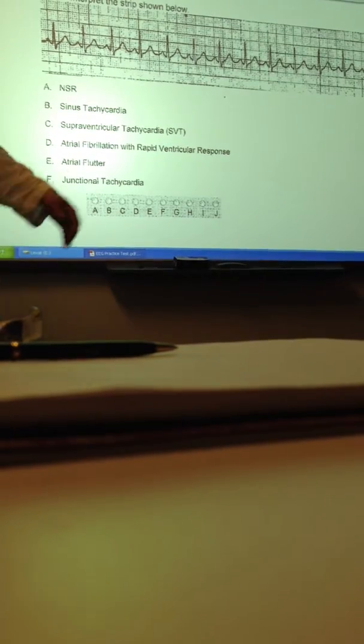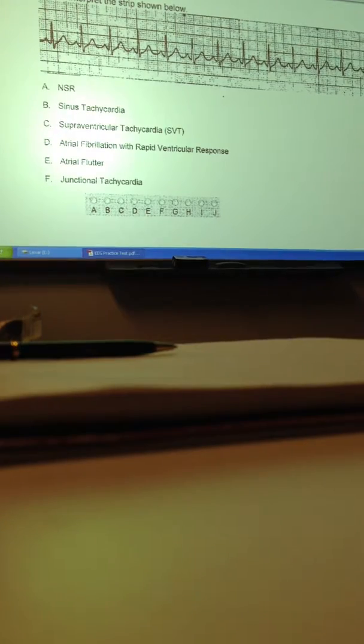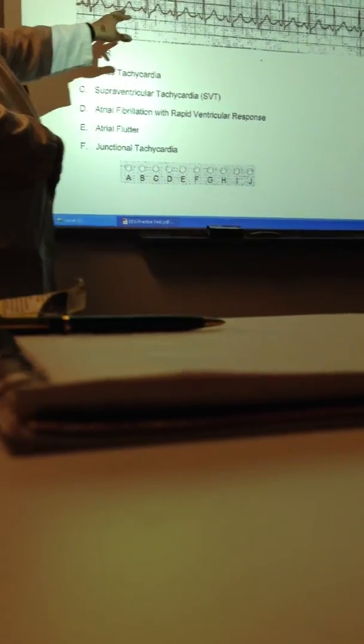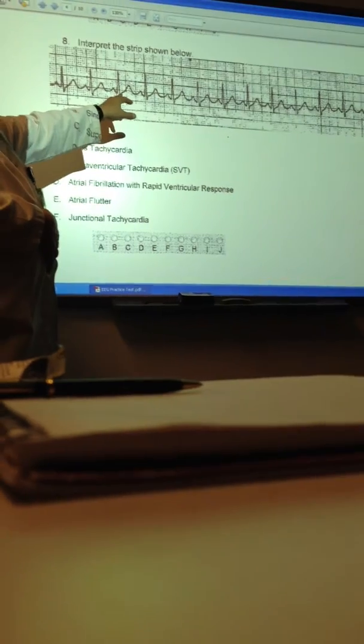So this is not that fast because you got 14, probably around 100 or 110. We know it's not an SVT because it has nice P waves here, and if it was coming in so fast, those P waves would probably be encroaching on this T wave. So let's mark that out.